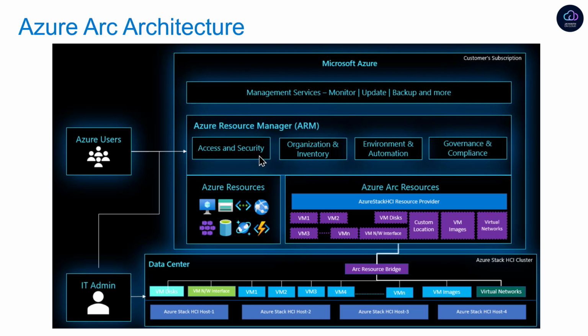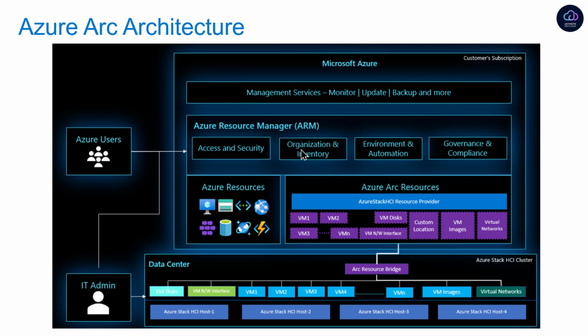That's the goodness of ARM, which provides the seamless ability to use Azure constructs for a virtual machine that's hosted on Azure Stack HCI clusters, like identity access management, security, inventory, overall automation, and governance using Azure policies and so on. The beauty is that when you deploy an Azure Arc VM, it automatically deploys the Azure Arc agents.